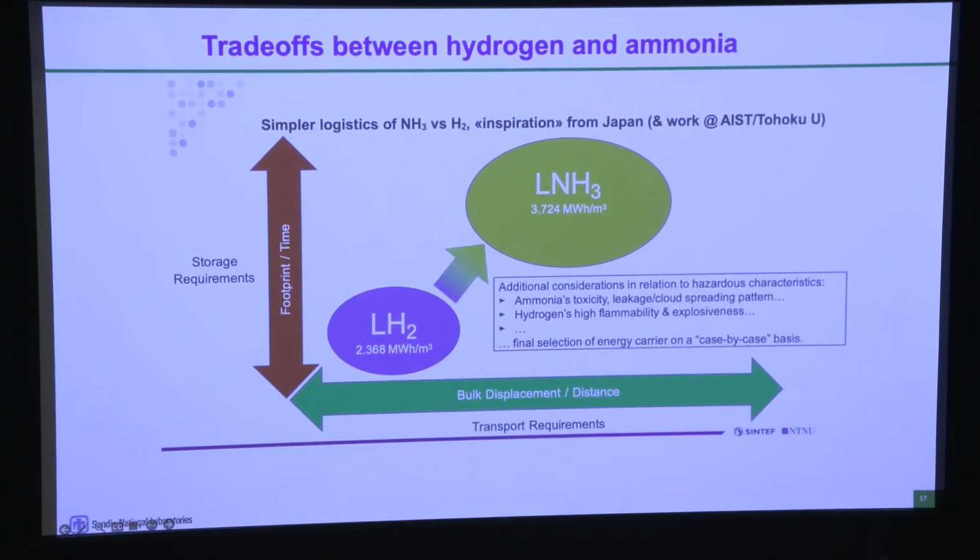And then on top of that, it boils off. So there are energy losses due to evaporation or boiling of the hydrogen, as much as 0.5% of the total volume per day. And so it's a real challenge to store it.